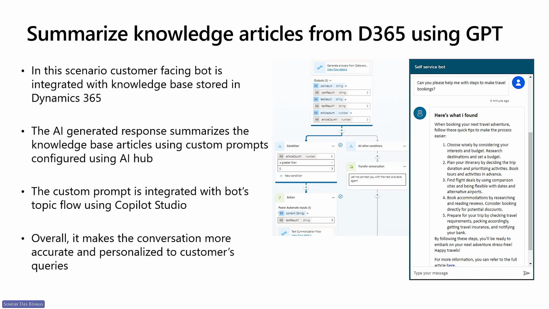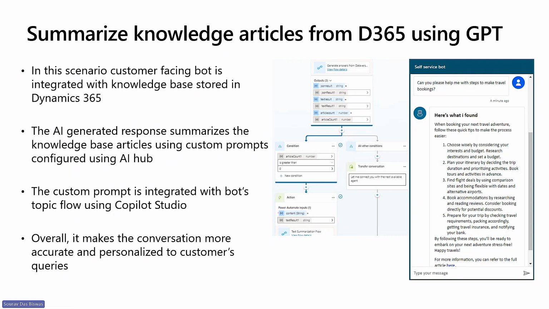For a quick self-service scenario, the content is summarized with the help of a GPT model, which has been configured using a custom prompt in AI Hub, which Michelle has explained in her presentation. This saves time and provides the crisp information which the customer is looking for.